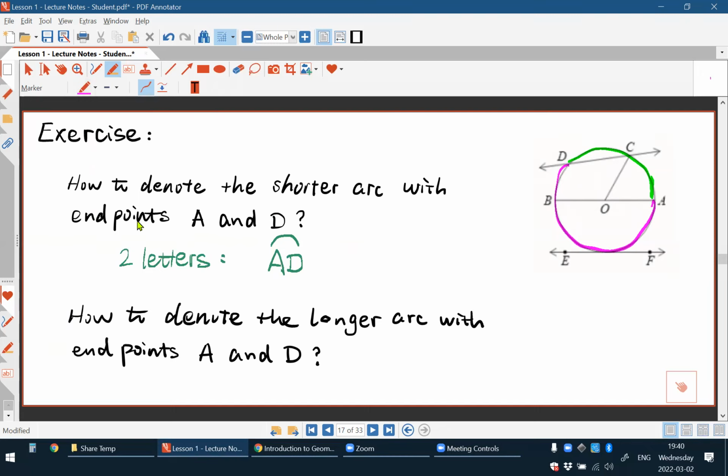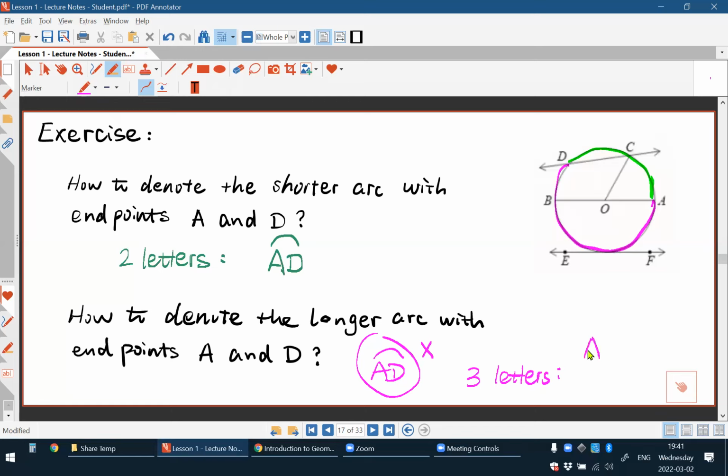And to differentiate the longer arc from the shorter arc, if we want to denote the longer arc AD, we cannot use AD, right? Because if you also use AD to denote the longer arc, it's very difficult to tell if you want to describe the shorter arc or the longer arc. Do you understand? So we cannot use two letters. Instead, we use three letters to denote the longer arc.